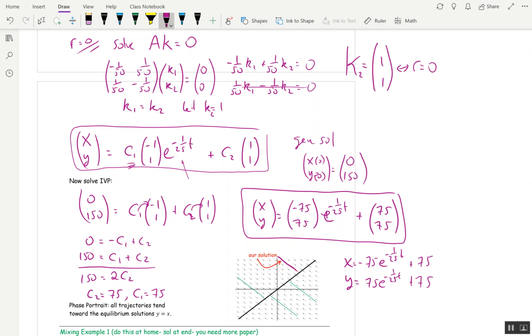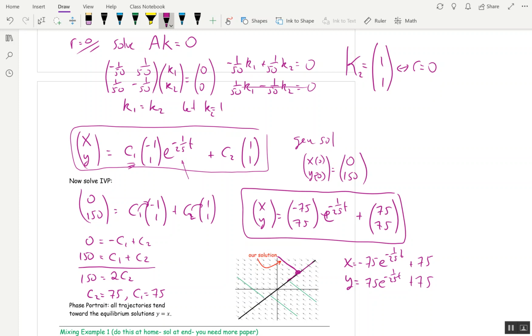But I graphed a whole bunch of solutions for different starting values, for different initial conditions, like maybe not 150, maybe they each had equal amounts of salt in them. But all solutions tend toward equilibrium. The amount of salt in A should be equal to the amount of salt in B, because the tanks are intermingling, and so eventually they just even out.